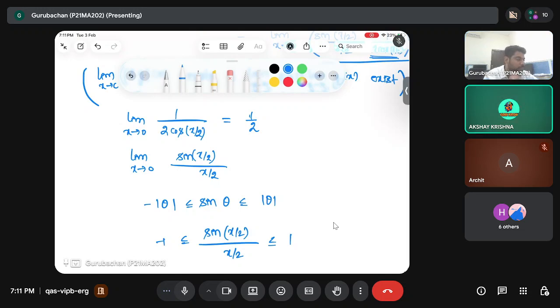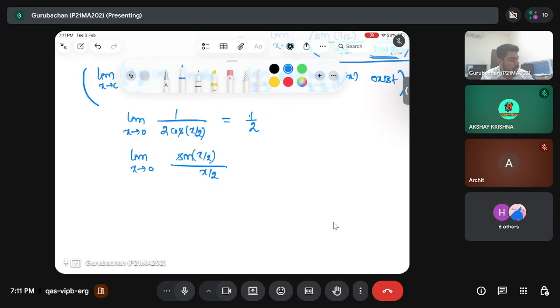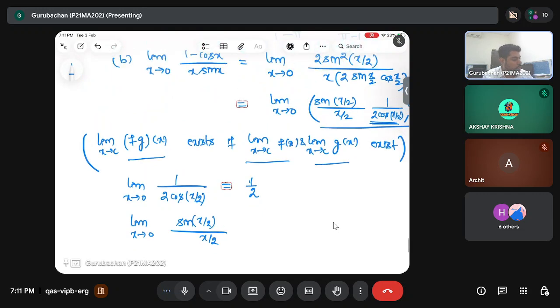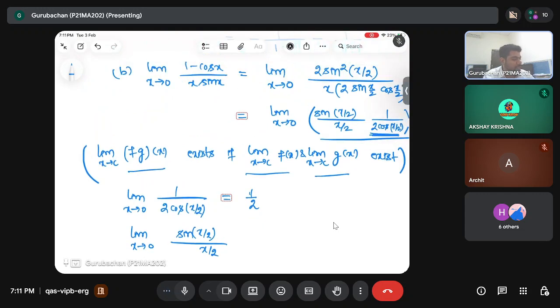Sir, can you explain that one more time? How do we reach that? See, I told you that this product limit exists only if the separate limits exist. First of all, I see this one is existing, so it's fine. If this also exists, then we can guarantee that the product limit is also existing.